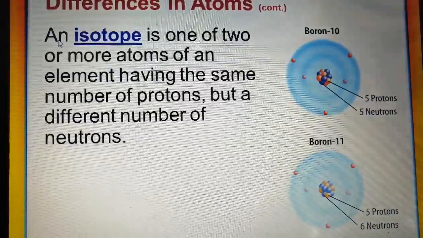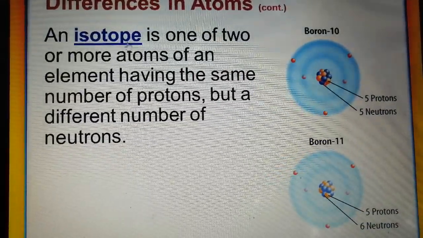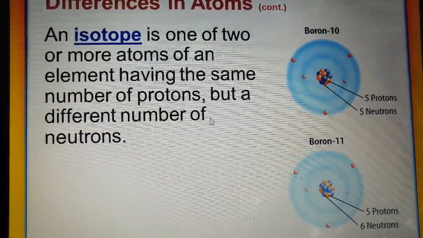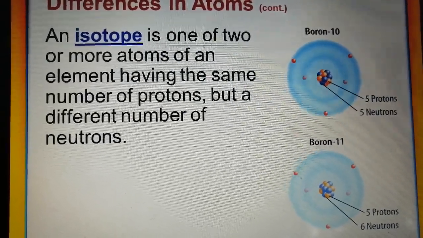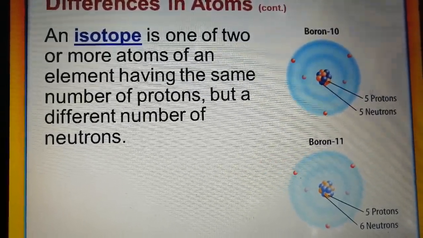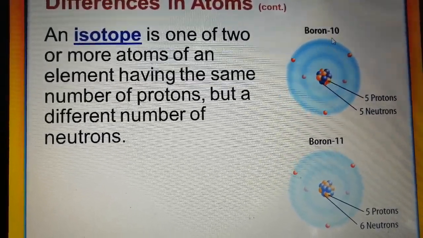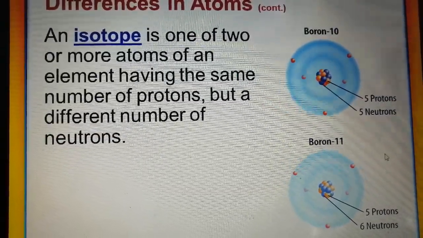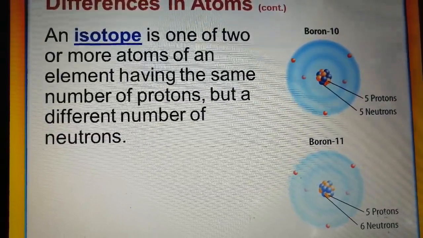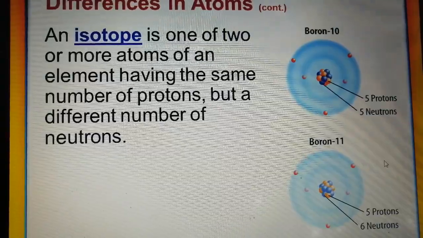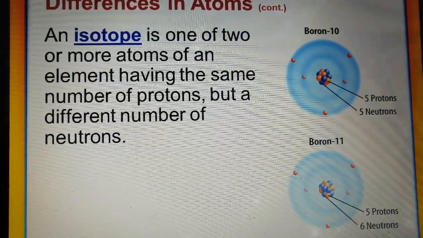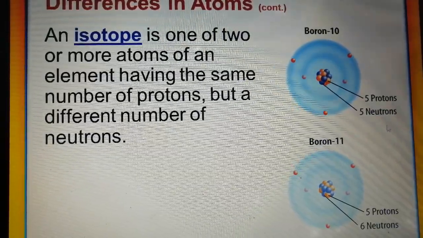This is called an isotope. An isotope is one of 2 or more atoms of an element having the same number of protons. In boron 10 we have 5 protons, and in boron 11 we have 5 protons, but they don't have the same number of neutrons.